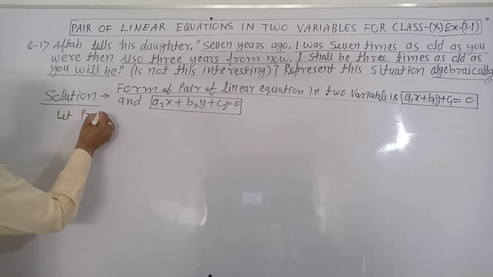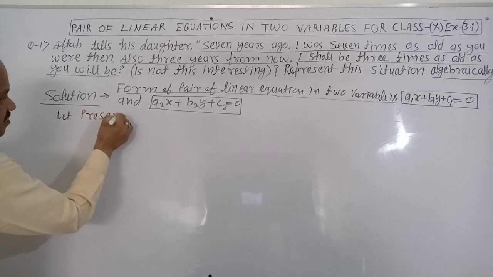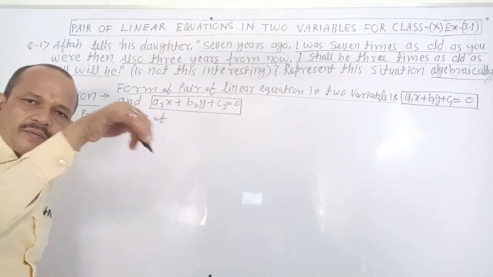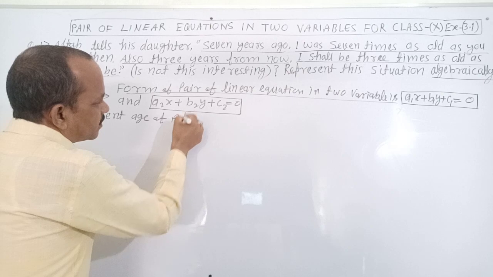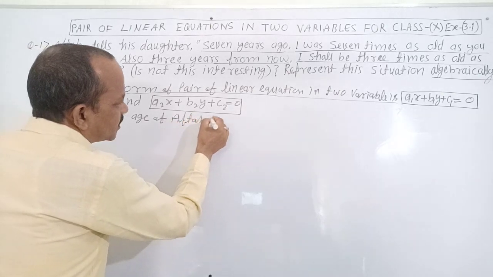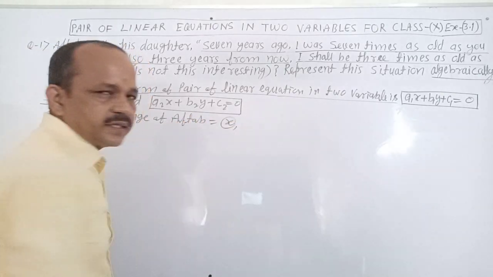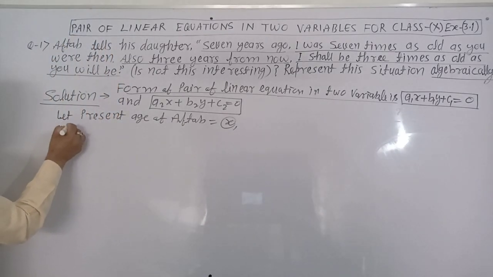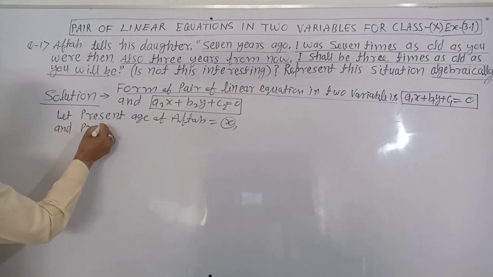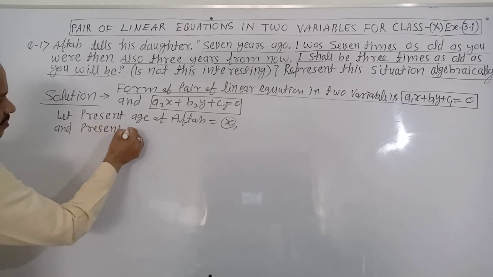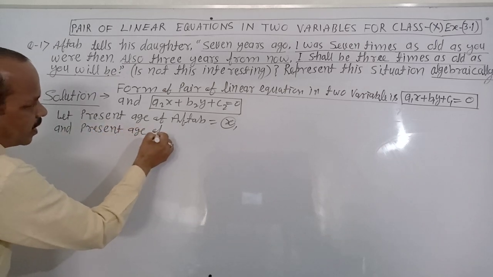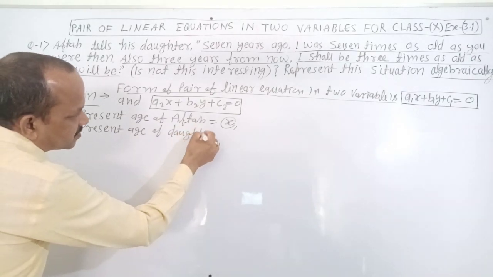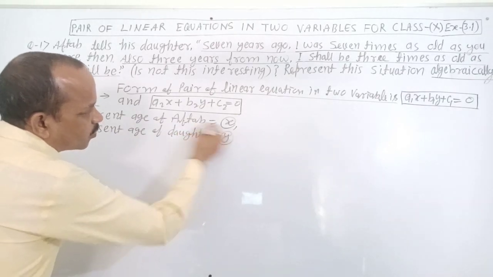Very good. Let the present age of Aftab equal x and the present age of daughter equal y.